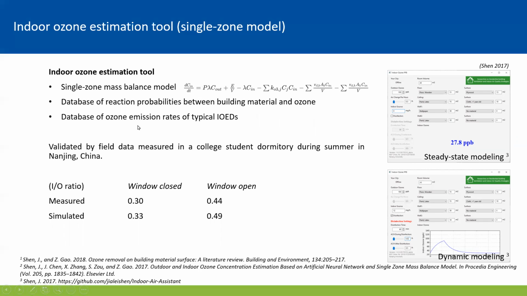So based on the data of reaction probability of typical indoor materials, which we already introduced in this presentation, and also the database of ozone emission rates of typical indoor ozone emission devices, which we also introduced here, we can easily calculate the indoor ozone concentration. Of course, we need to know the ventilation rate, the outdoor ozone concentration, and the room dimensions as well.